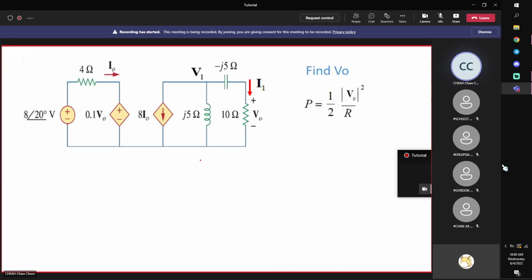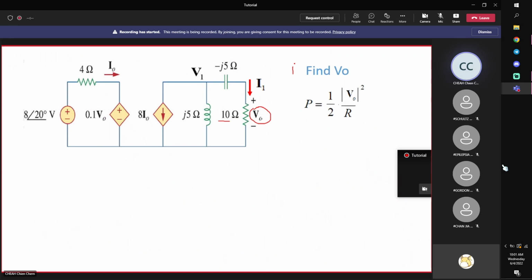Because we know that the power across these resistors in AC analysis is half V squared over R, correct? Half V squared over R, which means that we need to find the voltage across it, square it, divide by R, which is 10, divide by 2.